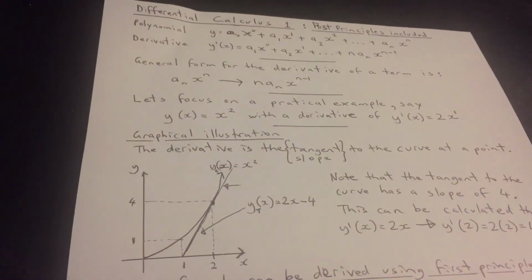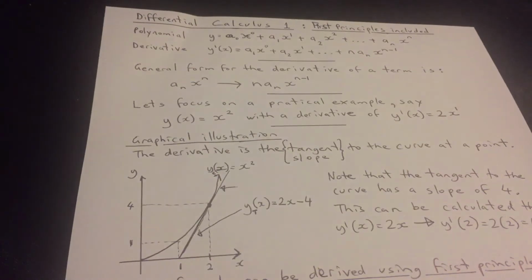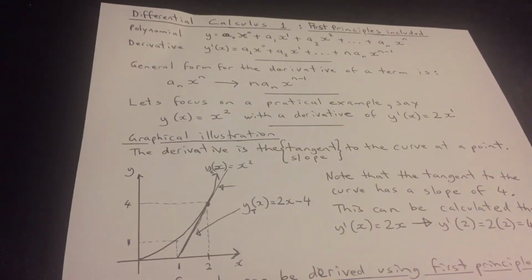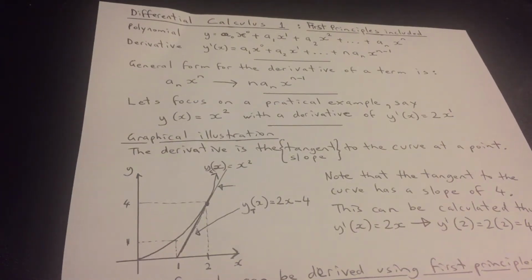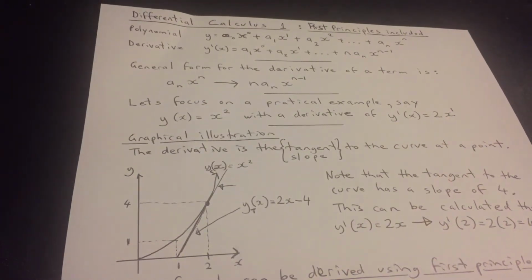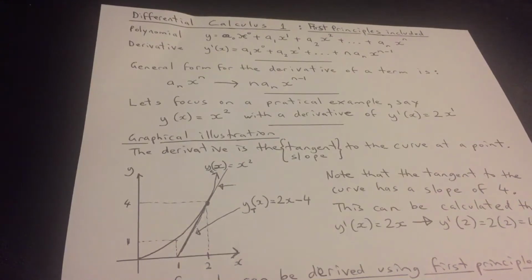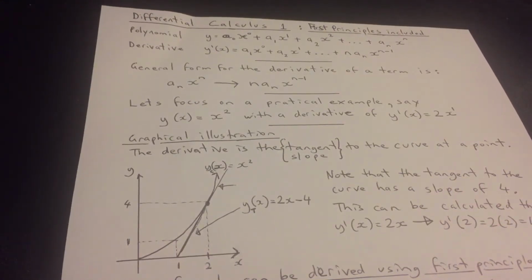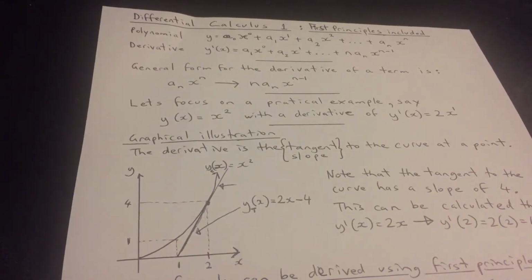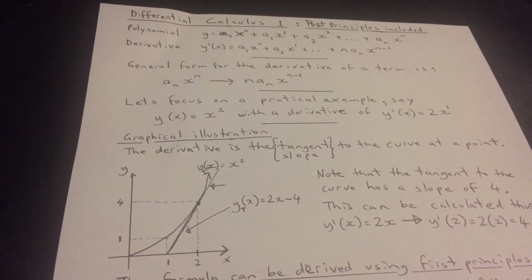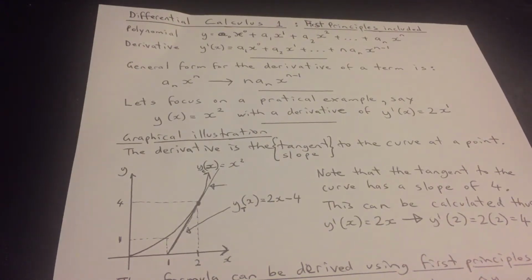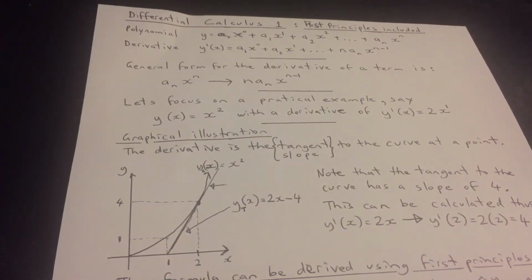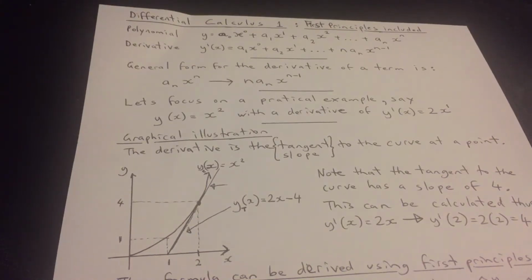And so you know at the curve where x equals 2 that the slope is 4, and this can be calculated from the derivative formula, which is 2x, and if you substitute in x equals 2 for this, you end up with 4, and that is the slope of the curve, and hence the derivative of the curve x squared, which is a parabola, at the point x equals 2.